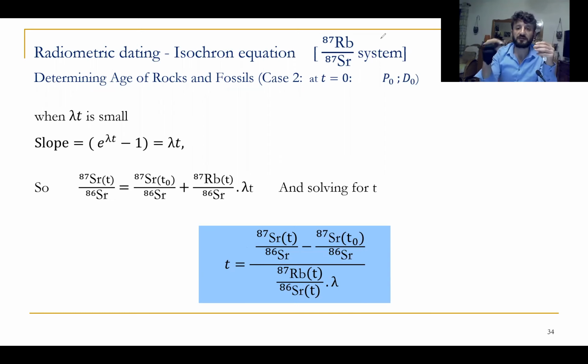First of all, if I give you a problem with one stable atom like strontium, or maybe lead Pb 207, Pb 206, any stable atom, and one undecayed atom like rubidium or uranium, you can follow this procedure to calculate the time.